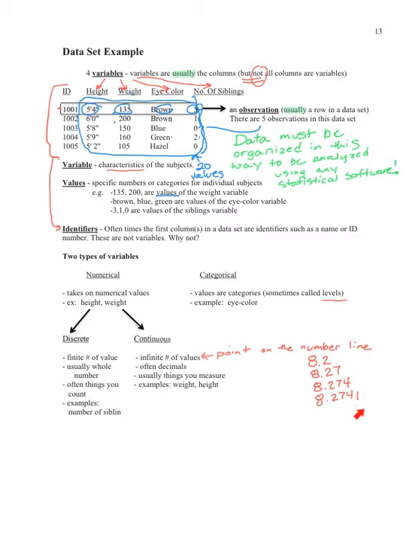It could just go on, and we could never write them all down. So we often think of the continuous variables as being the ones with decimals and discrete as being the ones that are whole numbers. And that is often the case, but we really need to think about it in terms of its actual definition. Discrete has a finite number of values. We could list them. Continuous has an infinite number of values. We can't list them because the decimal places could go on and on.